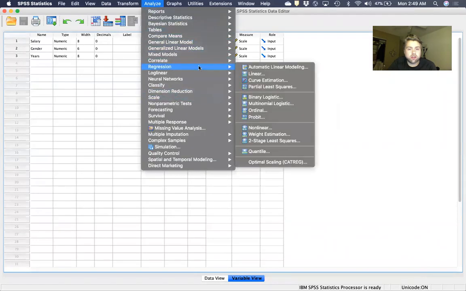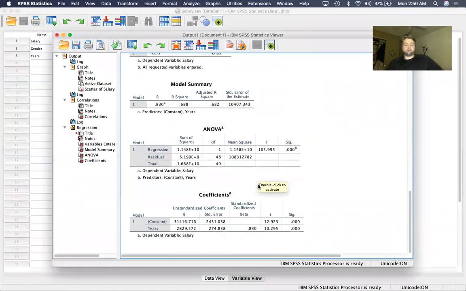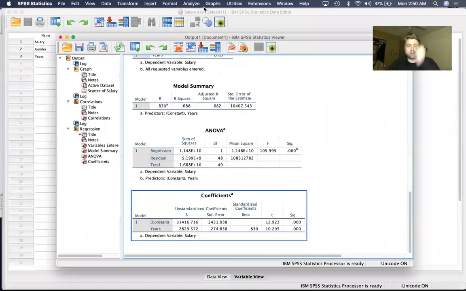The dependent variable again is going to be salary because that's what we're trying to predict from years. It looks like years is significant. For every 1 unit change in years, your salary would go up by almost $3,000.